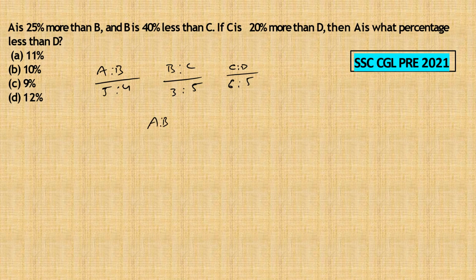The method I have told you, we are going to use. AB is equal to 5 is to 4, BC is equal to 3 is to 5, CD is equal to 6:5. We need to find A and D only. 5 into 3 into 6, 5 3s are 15, 15 6s are 90 is the ratio of A. The ratio of B is 4 into 3 into 6, 4 3s are 12, 12 6s are 72.